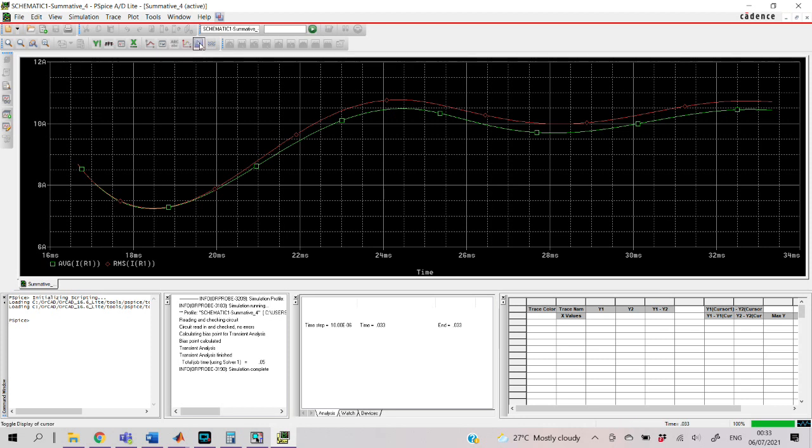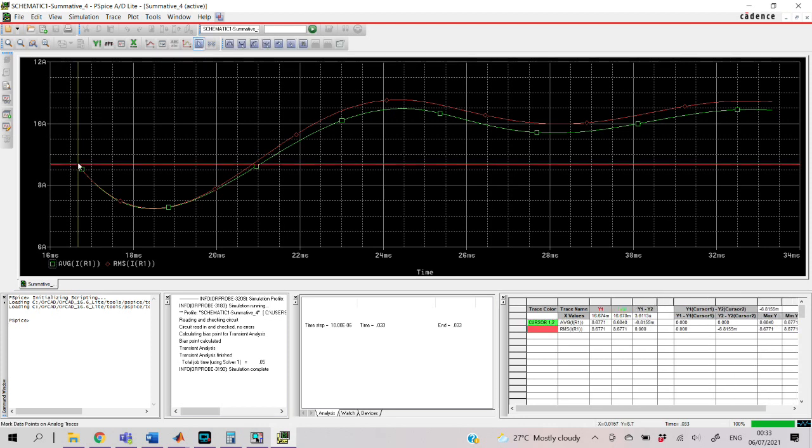So let's try to measure this too. As we can see, the values obtained are around 10.434 for the average current, and the RMS current is around 10.705.